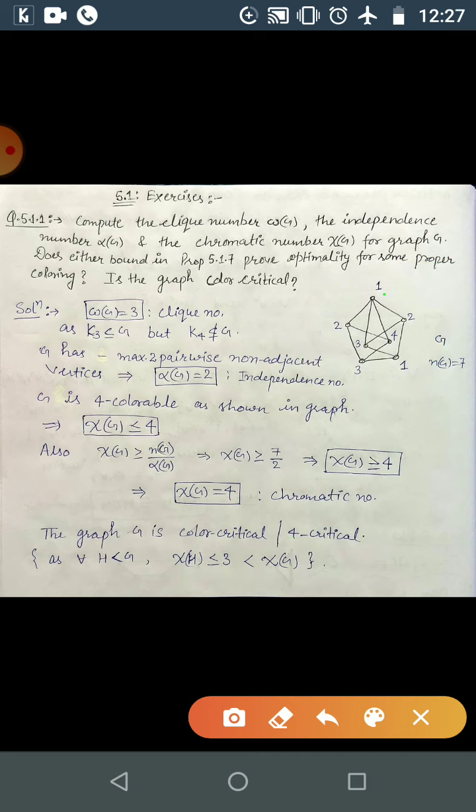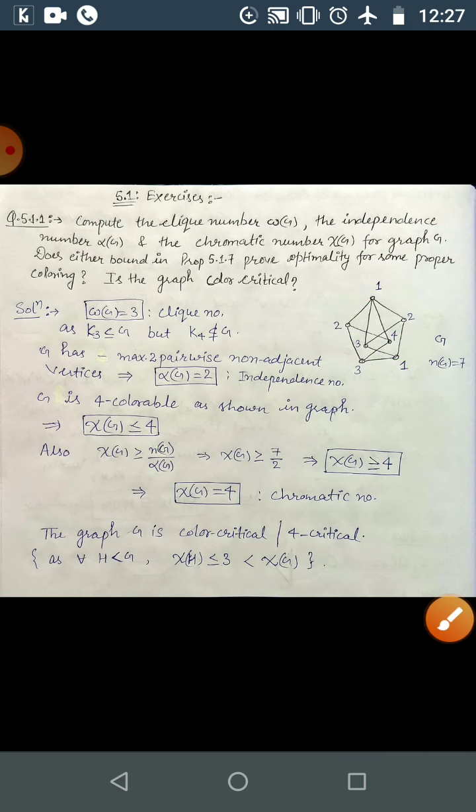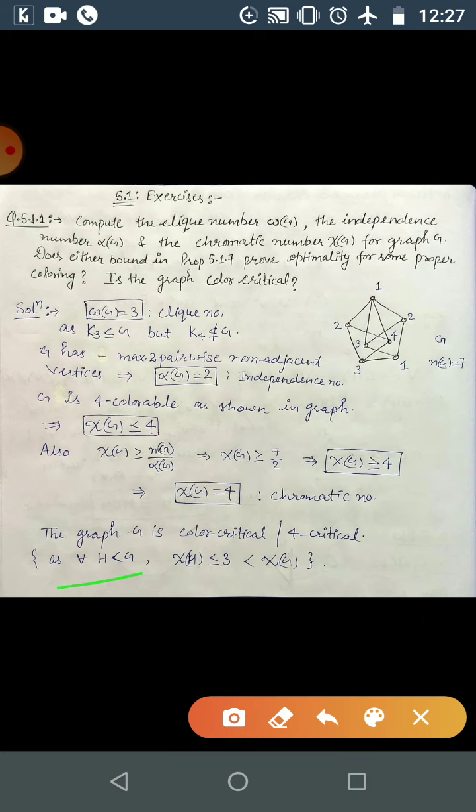If you take a proper subgraph, C3 is there. For every C3 it's 3, and C3 with some edge again has a 3-coloring, and if you take this one, 3-coloring, correct. So these are all proper subgraphs. And if you take this one also, then also 3-coloring. So for all proper subgraphs of G, the chromatic number is less than or equal to 3.